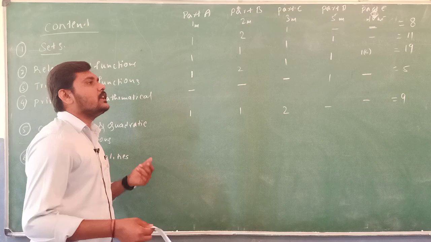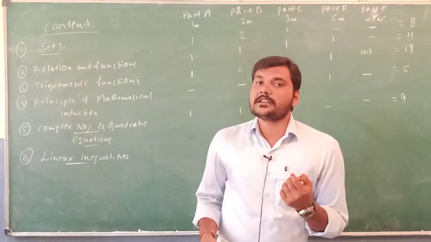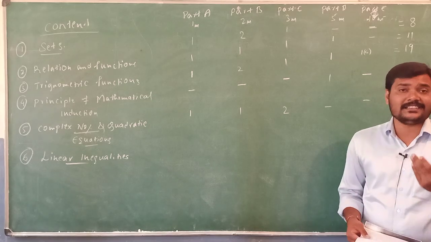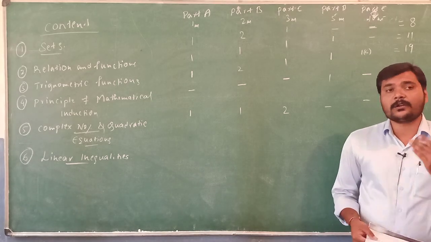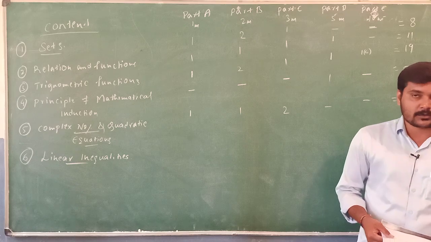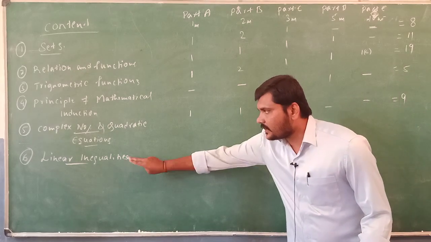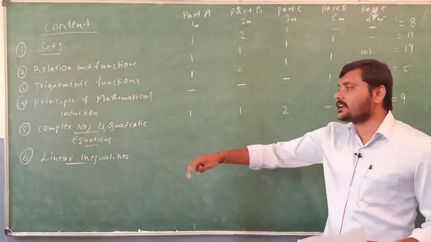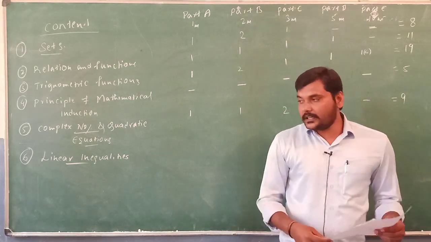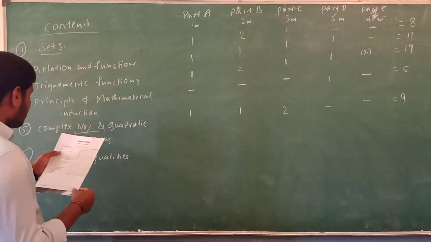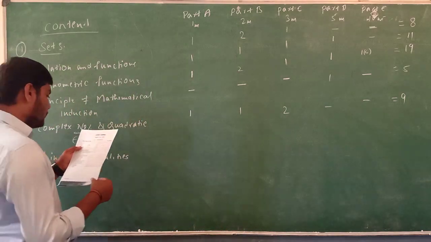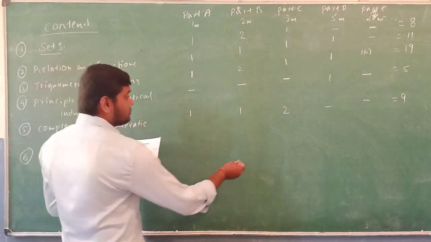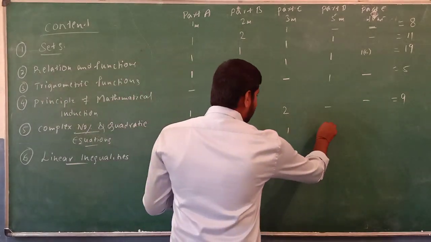I think you are familiar with those types of graphs, means two-dimensional graphs, which we studied in previous years, in class 7th, 9th, 10th, according to your CBSE board, state board, or ICSE board. I think these graphs are introduced in class 6 or 7 only. In the chapter linear inequalities, we have two questions. One is allotted for 3 marks and the other is allotted for 5 marks.